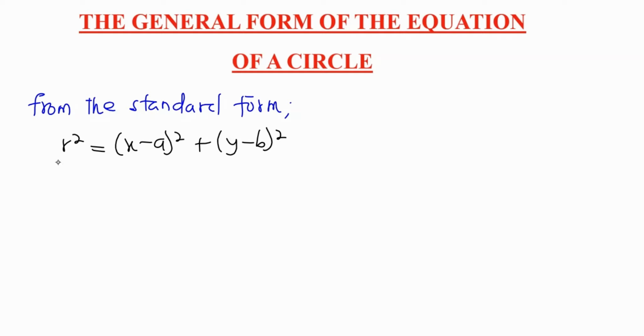So this is what we had at the standard form. So we are going to expand. Now we have R squared equal to X squared minus 2AX plus A squared. That's the expansion of X minus A all squared.